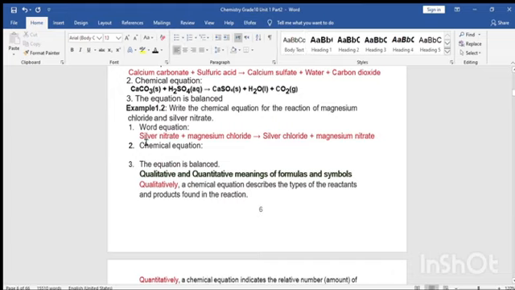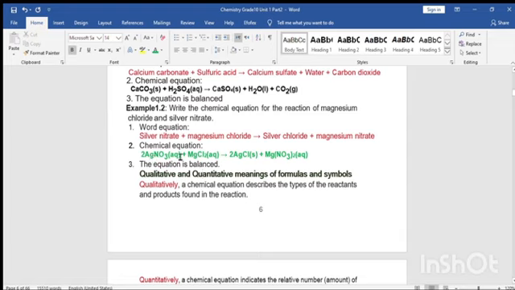Silver nitrate means AgNO3, magnesium chloride MgCl2, silver chloride AgCl, magnesium nitrate Mg(NO3)2. It looks like this. The equation should be written as such. It's a balanced equation.